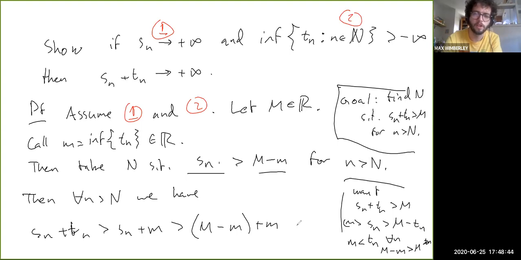This cancellation happens, which is what we expect, which is capital M. Are there any questions about that?